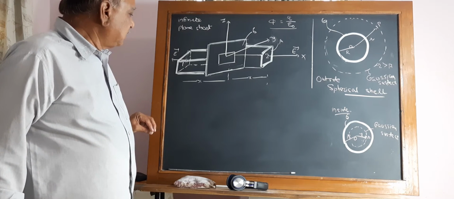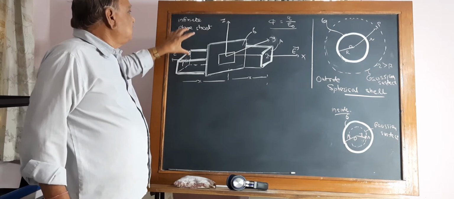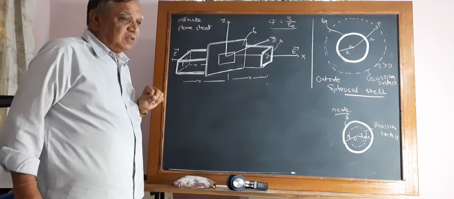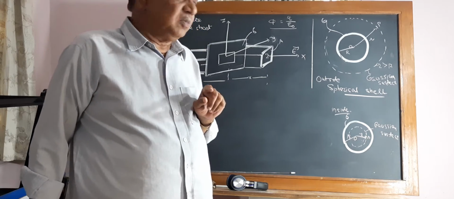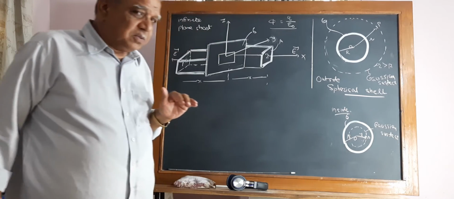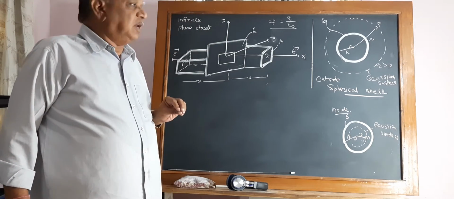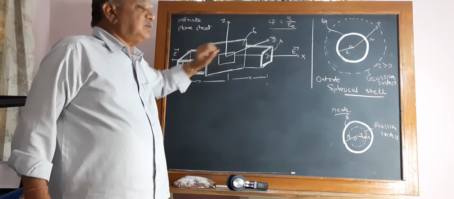Here, the second case is the infinite plane sheet which is uniformly charged, and we have to determine the field due to that one.